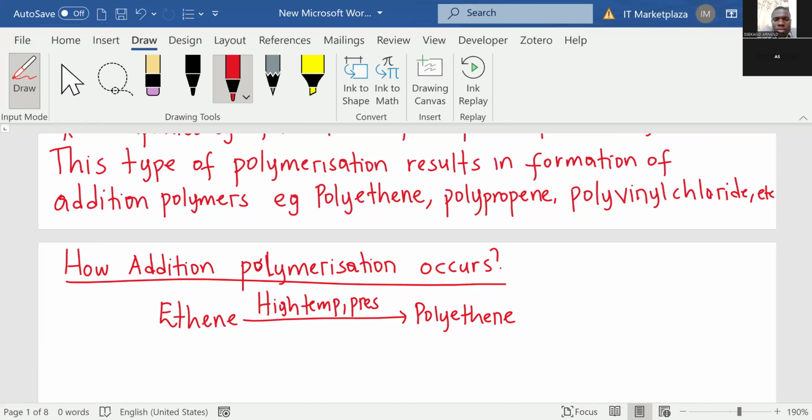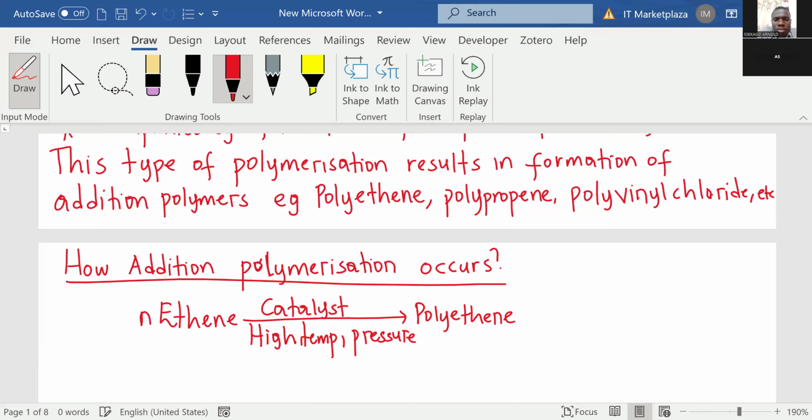Oh, we can also require a catalyst. In fact, that is mandatory. In presence of a suitable catalyst, high temperature, pressure, we form polyethylene.